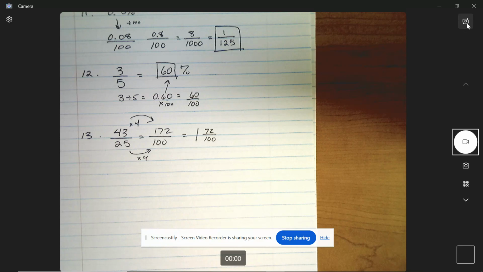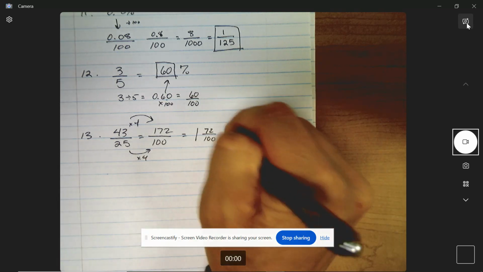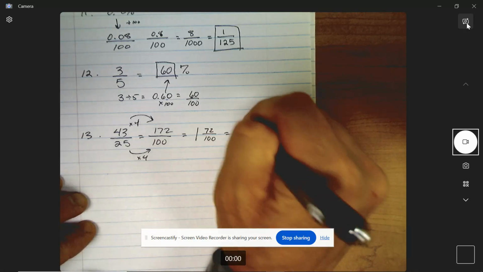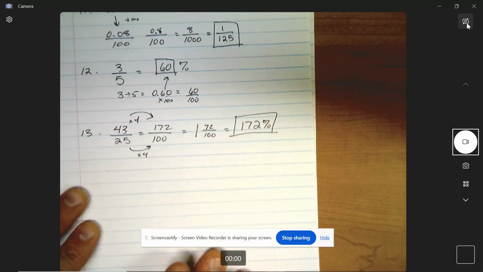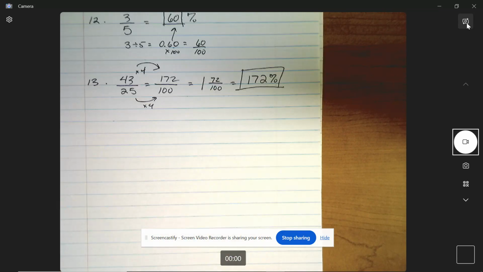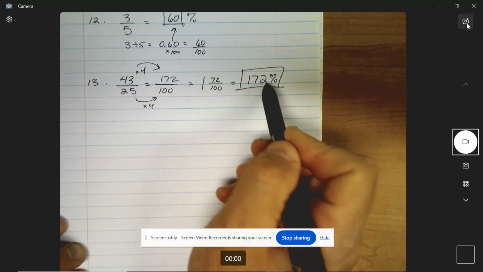Is that right? Which would be 172%. That's actually the number we were looking for. One and 72 equals 172.